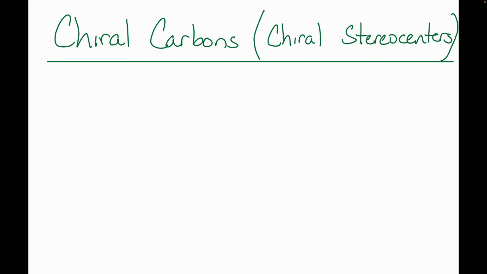All right, so like we said, this is a consequence. So in order to be a chiral carbon, you're an sp3 hybridized carbon, meaning you have that tetrahedral geometry.